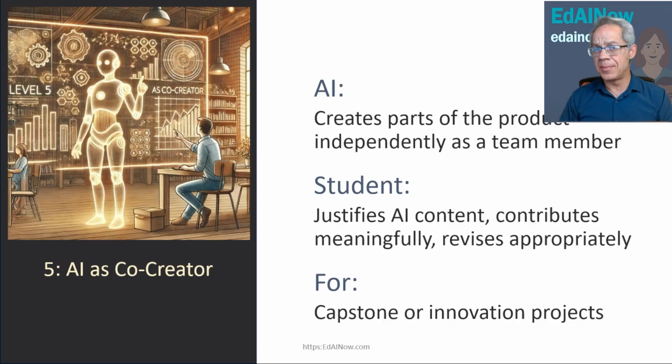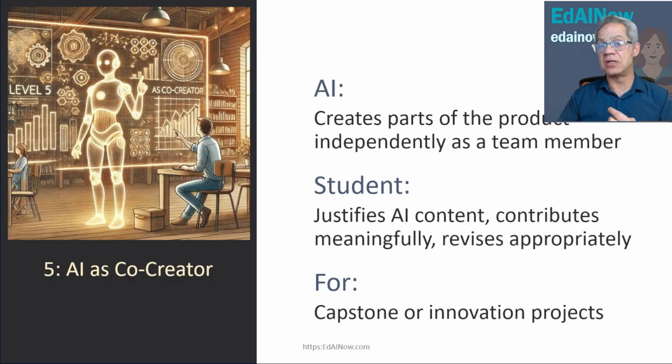The student has to be able to justify why did they have the AI do that and what did the AI produce. So we would use something like this when we have a capstone project, for example. We're taking a lot of different products we put together and we're having the AI take part of it and create something new for us, or anytime we need new ideas or new information that perhaps isn't accessible to the student, and then do something with it.